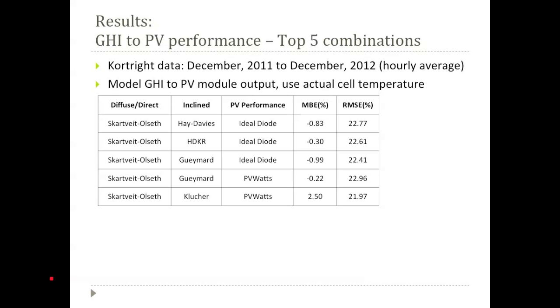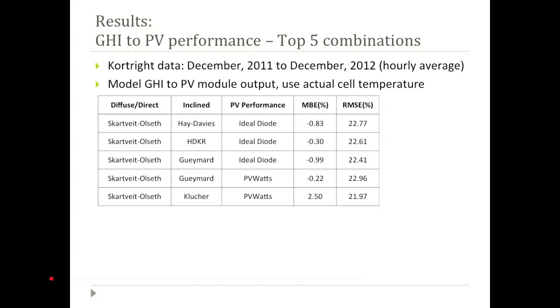So going from the whole spectrum of the process, from GHI to PV model performance, it would be too much to show you all of them. It's something like 1,000 combinations. These are the best 5 using the Kortright Center data. No surprise based on the results I've already shown you that the SCART-Beat OSOTF make up the best 5 combinations for the diffuse fraction.